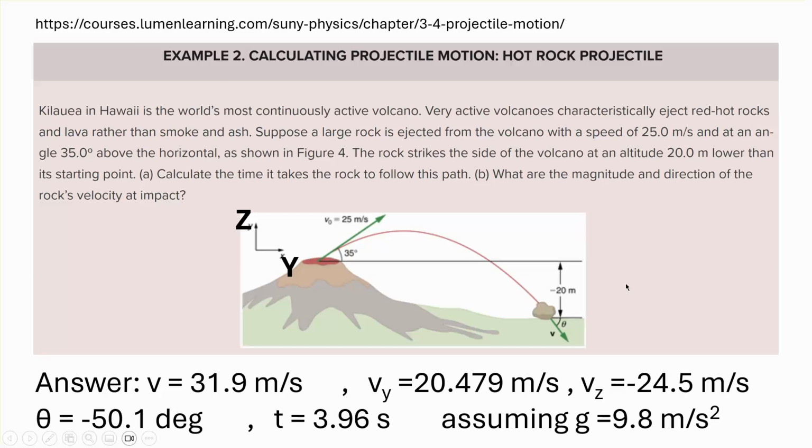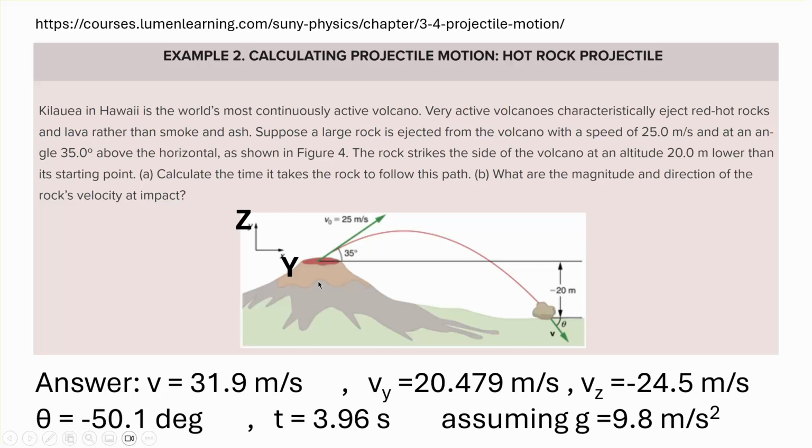The mass of the rock doesn't matter because we're doing the kinematics. We're not asking about forces and things like that. So it turns out that assuming gravity is 9.8 meters per second squared, it takes almost 4 seconds to hit the ground. And the components of velocity in the y and z direction are given as these numbers.